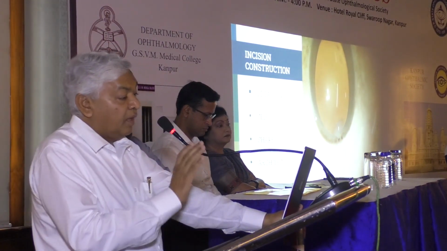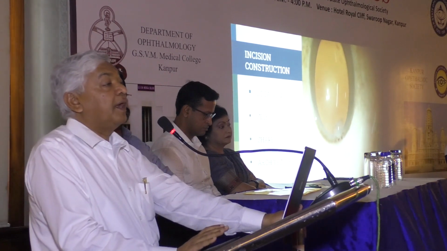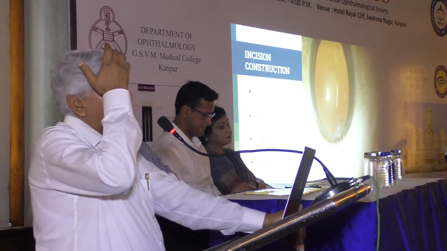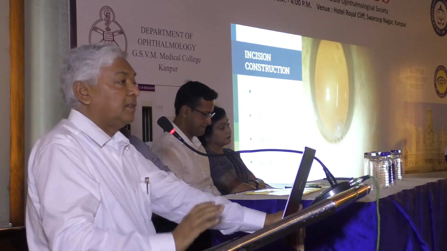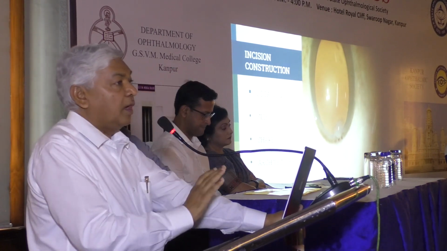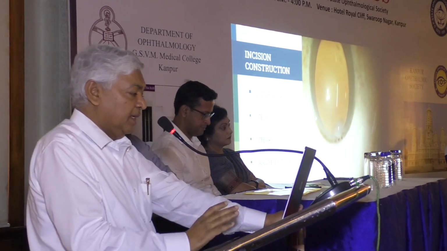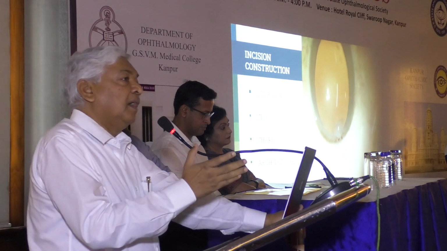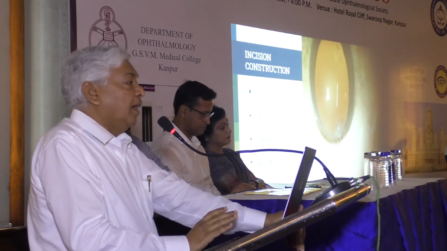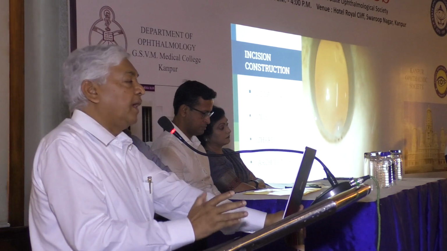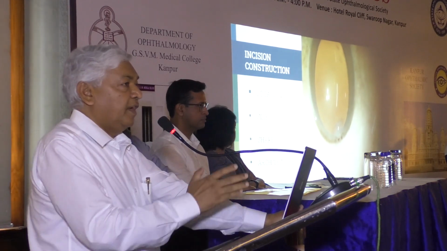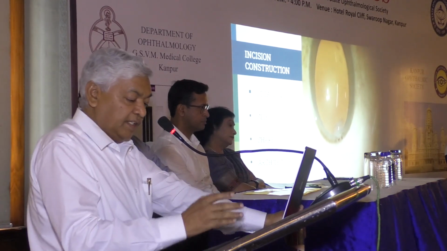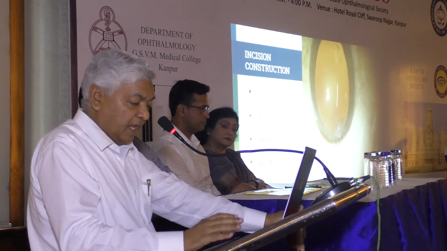The location is again very important. Give the incision at the steeper axis, to control the astigmatism. Size depends upon the phaco needle, usually 1.8 to 2.8 is sufficient, depending upon the size of the phaco needle, and shape is square.